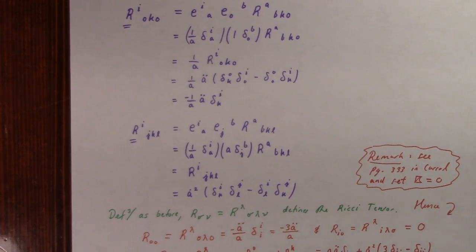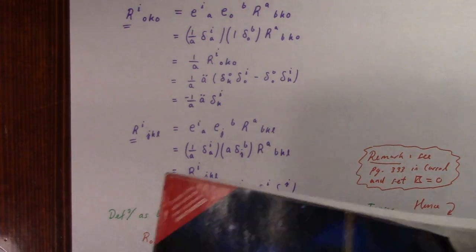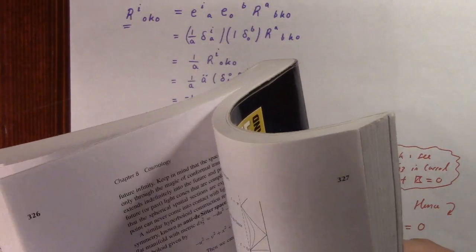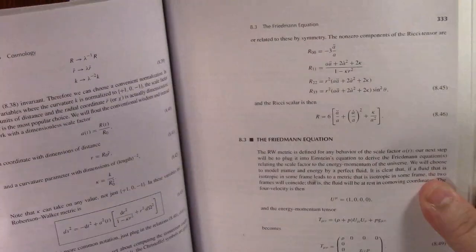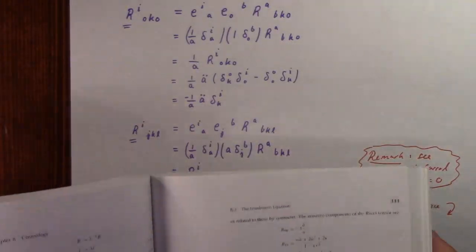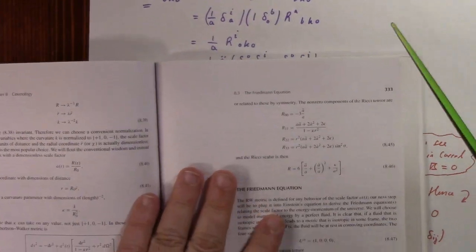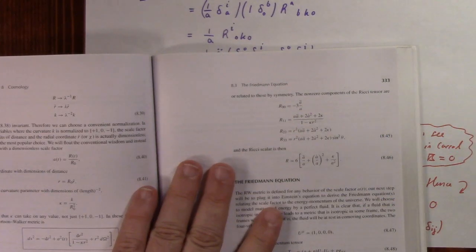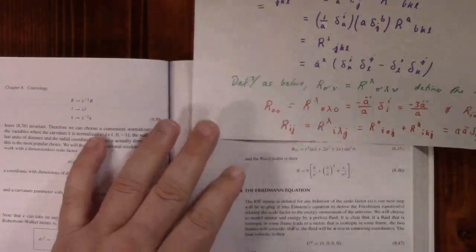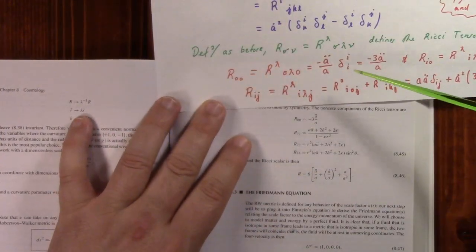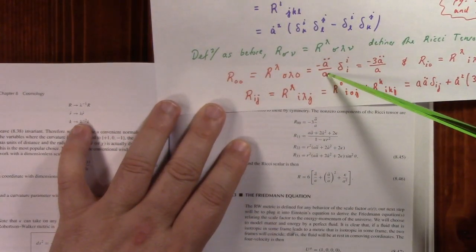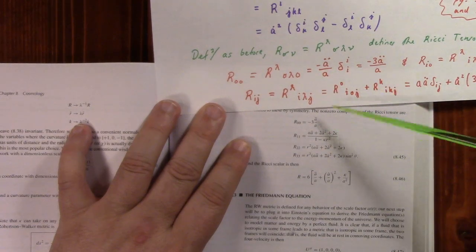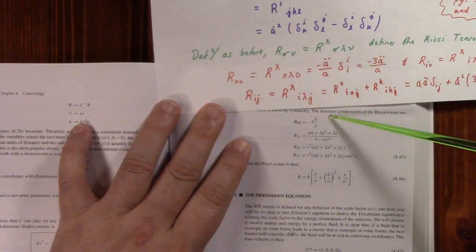And then, if we go back to page 333 in Carroll, you can find these formulas, although you might not recognize it at first glance. So here, R00 is minus 3A double dot over A. Well, that's exactly what we had, right? Right here, rather.